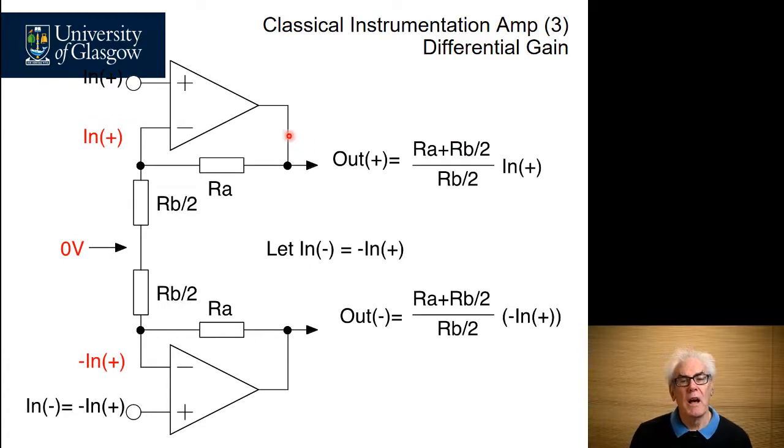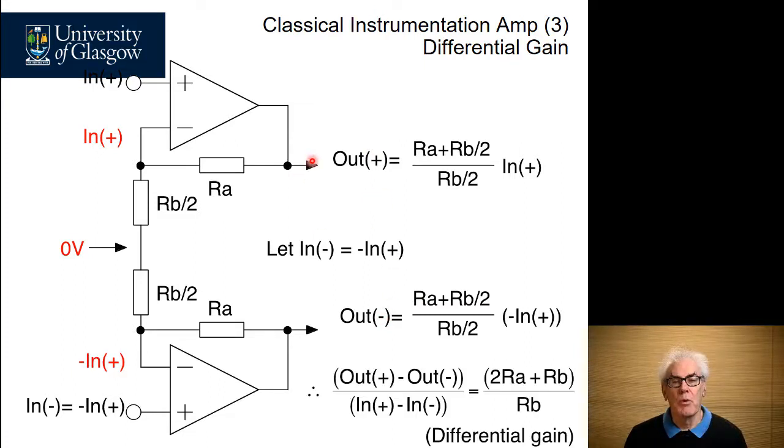We can now apply simple non-inverting amplifier theory here, so that the output at this node here is the non-inverting gain defined by this ratio here times the voltage appearing here, because this node is at 0, and similarly the voltage down here is equal and opposite to the voltage here.